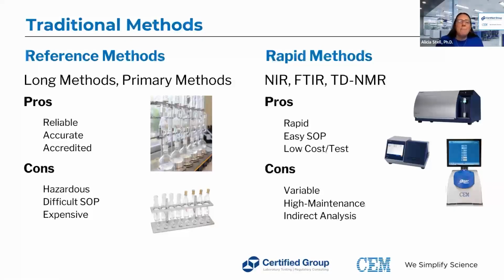You're not directly getting the value of the fat that you can in these reference methods. So with that, there really is a need to bridge these two. We need a reference method that is also rapid. That's the goal at the end of the day. And we're going to achieve that with the Oracle system that I'll be talking about here today. You can go to the next slide.